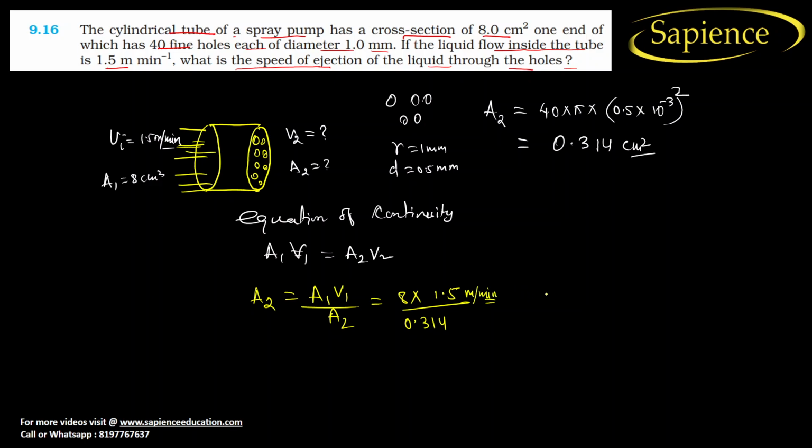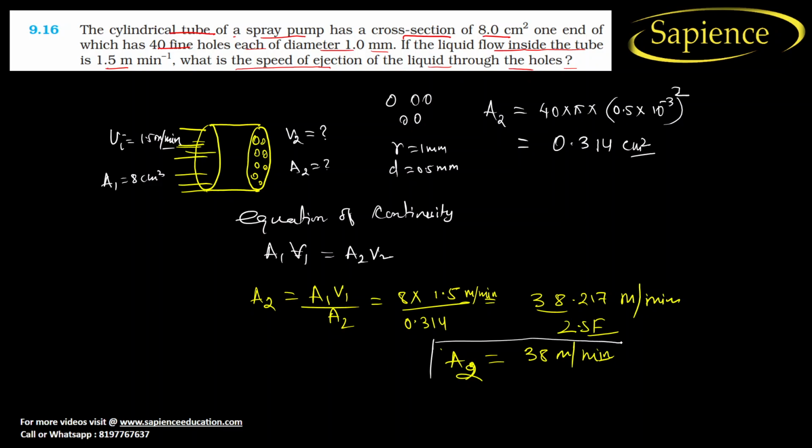Finally, if we calculate, we get 38.217 meter per minute. Considering two significant figures, our answer is V2 equal to 38 meter per minute.